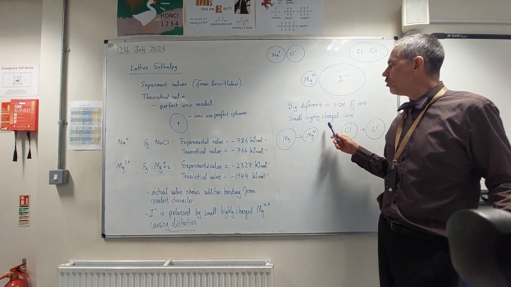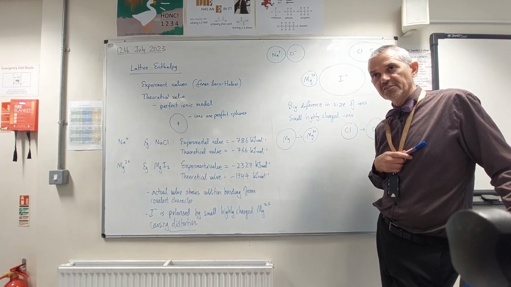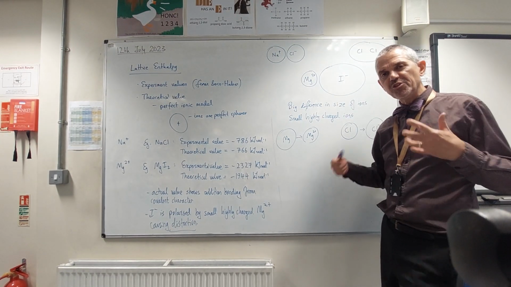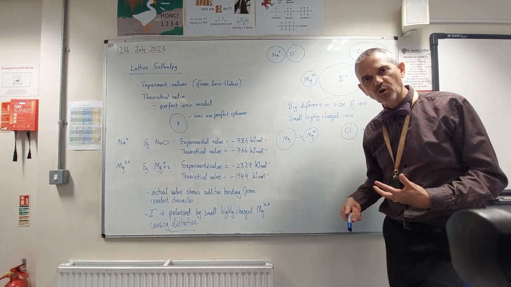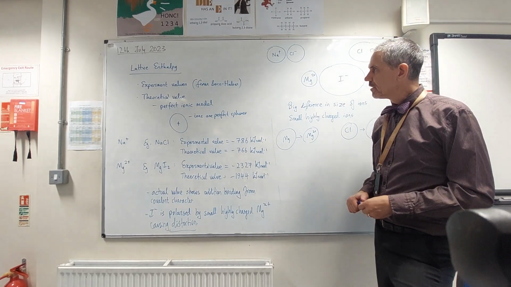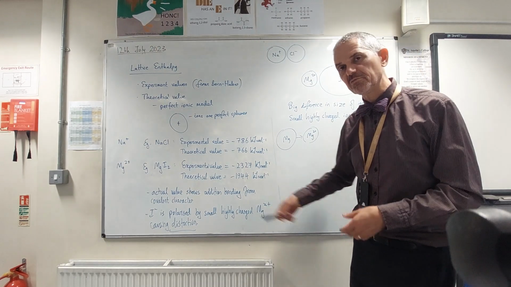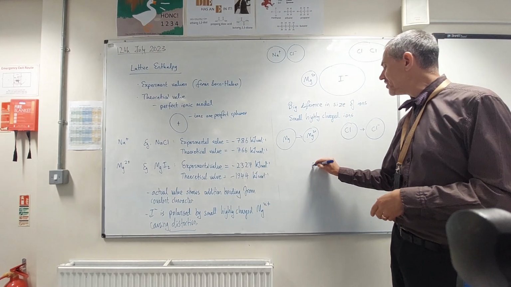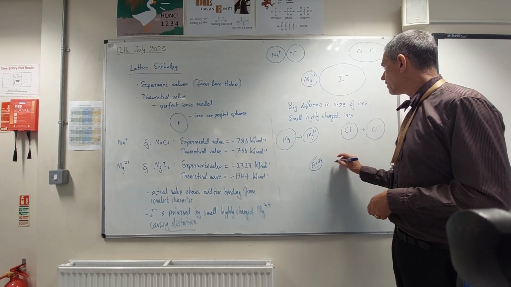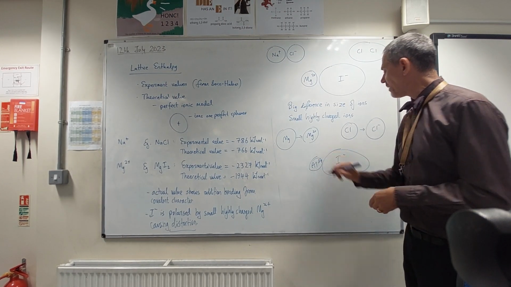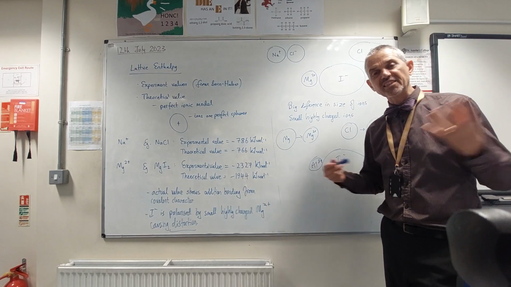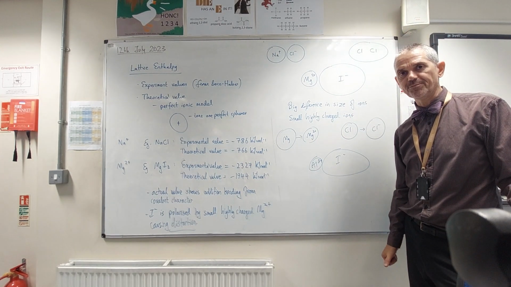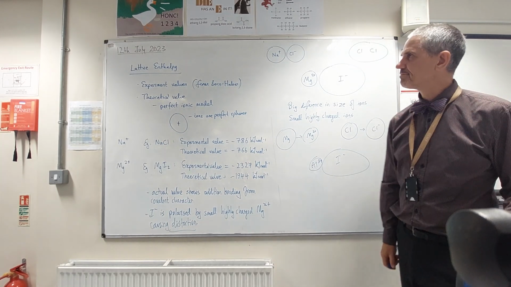But small positive ions and then a large negative ion give you the best situation for some distortion, for some covalent character, and for a big difference in the values. So if I took aluminium iodide, I'd expect even more distortion because aluminium is an even smaller, more highly charged ion. Okay.